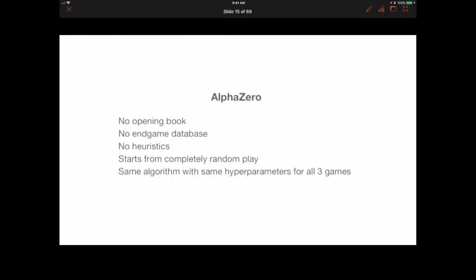So AlphaZero, which is now the new implementation of AlphaGo, has no opening book, no endgame database, no heuristics. It starts with random play and uses the same algorithm with some hyperparameters in all games.